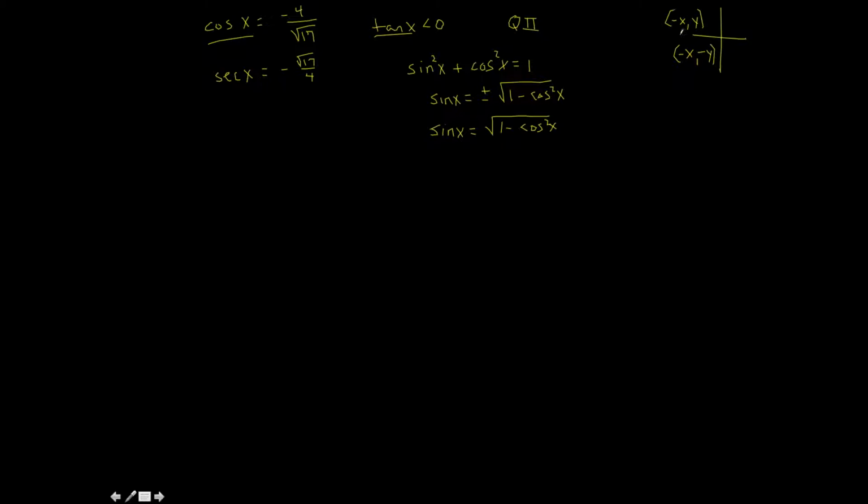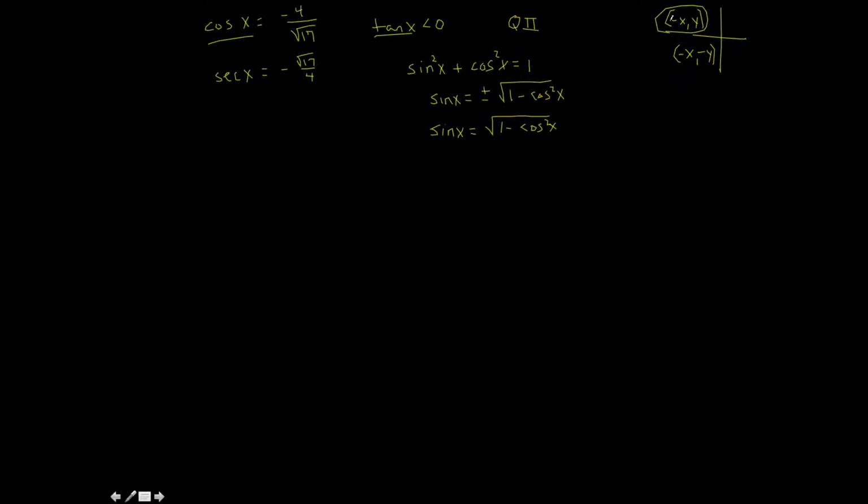Now notice, this is where cosine is negative. Cosine is the x values. Cosine's negative on both of these. But tangent is sine over cosine, or y over x. So if I do negative y over negative x, that's positive. But y over negative x comes out to be negative. So quadrant 2 is where a negative tangent occurs.